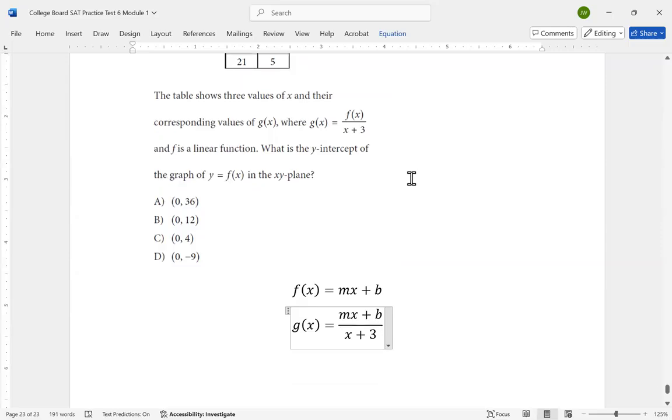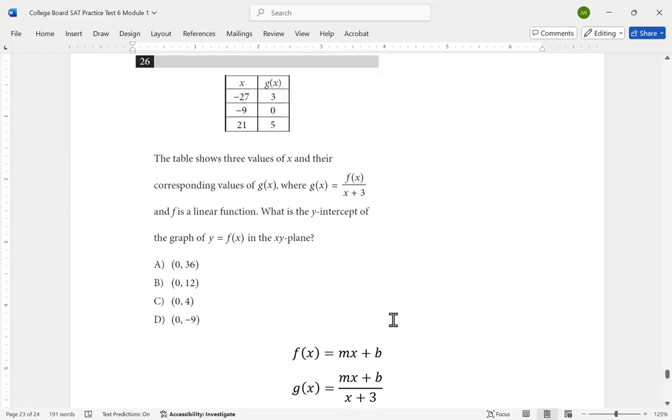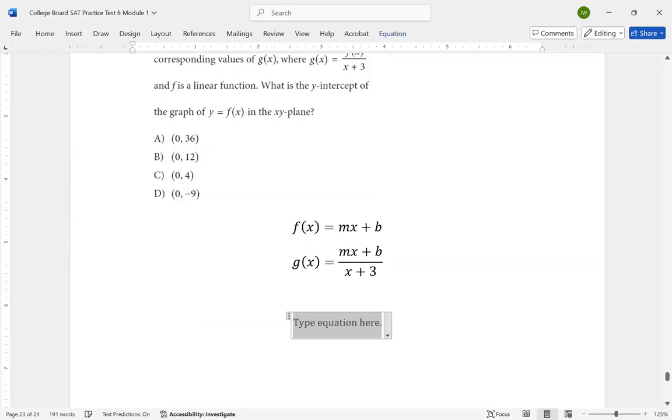So we can actually plug some of those points in. I'll write them as points first before I plug them in. Negative 27, 3. I'll plug in that point first.